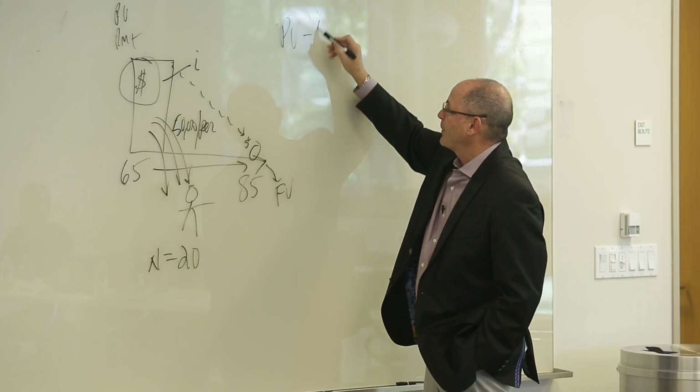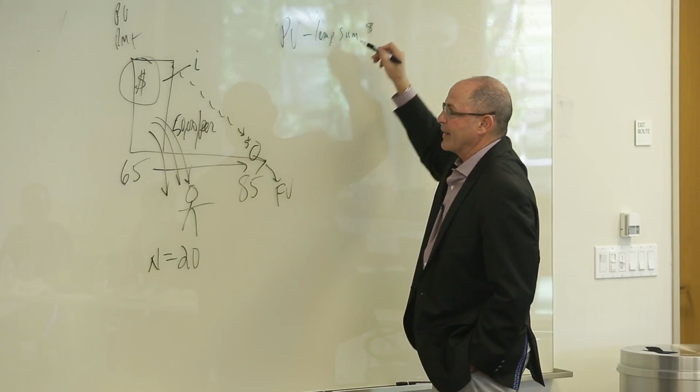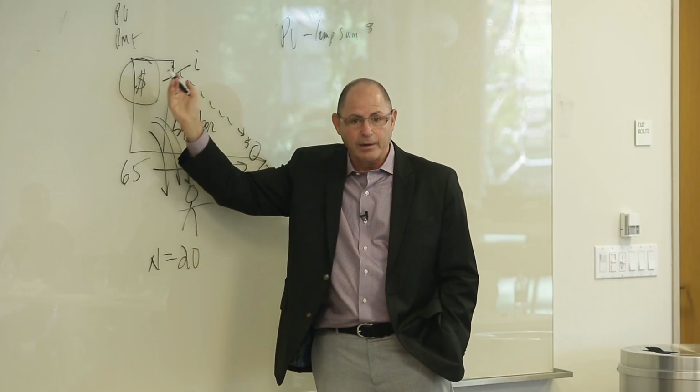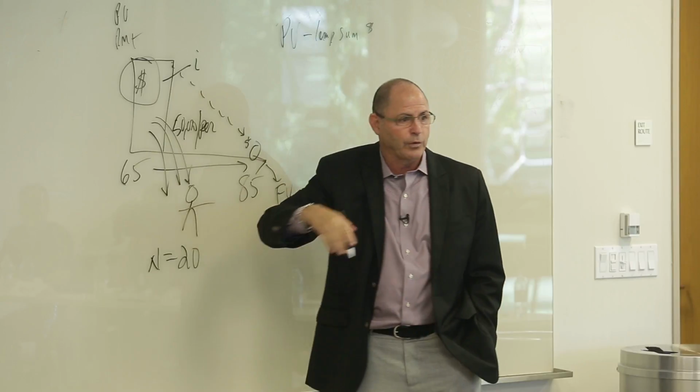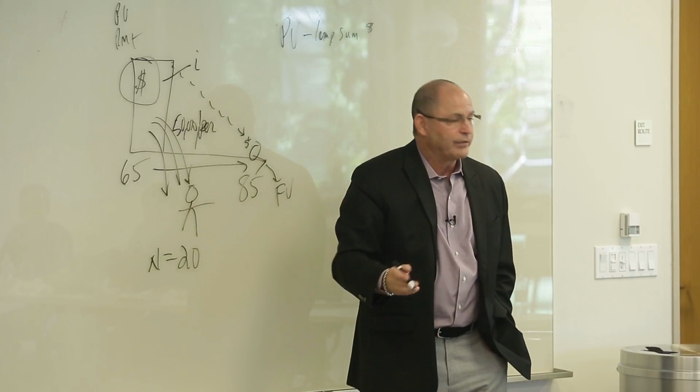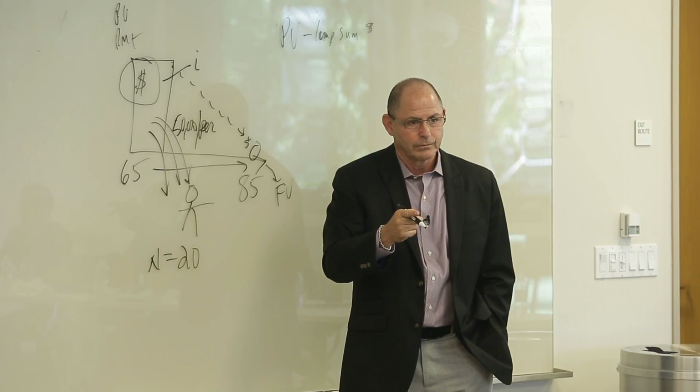It's a lump sum amount of money. I want to know how much money I need in a pot. And it's on the left side. Therefore, it is a present value calculation. Hold on.